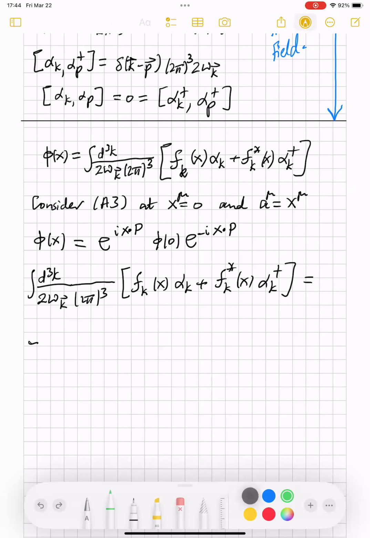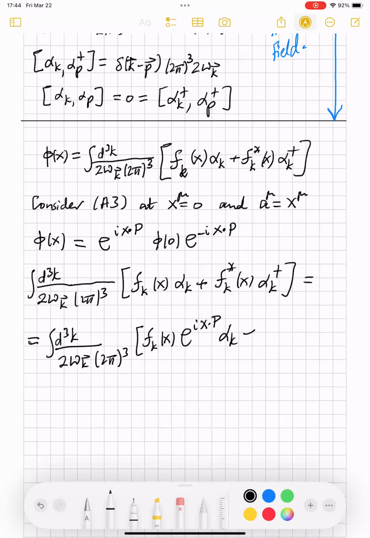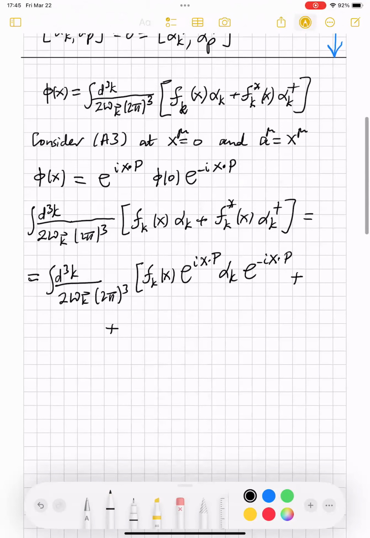Okay, good. So let's do that. So here's the number. Nothing gets caught on the number. Over 2 omega k, 2 pi cubed. And then we've got fk of x. We've got an e to the I x dot p. We've got alpha k e to the minus I x dot p plus, and then we've got, let's see.